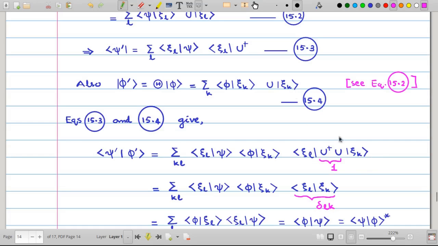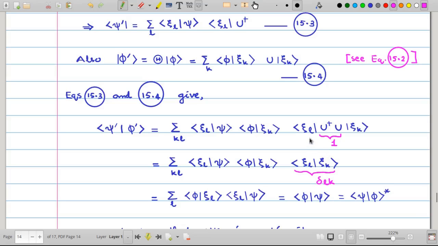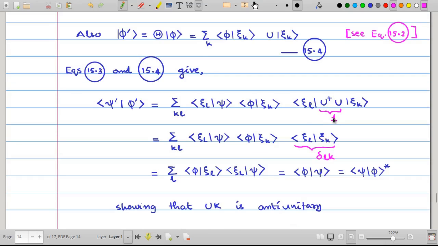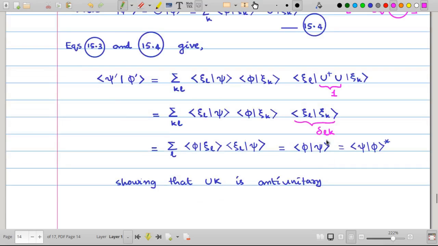So that is given by this term. That is the matrix element of U dagger U between the orthonormal basis vectors c_l and c_k. But since U is unitary, U dagger U is the identity operator, and this will become the inner product between c_l and c_k. Since they are orthonormal, this is simply the Kronecker delta l k.